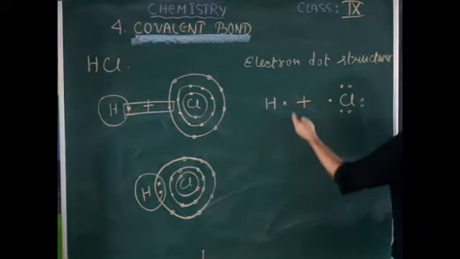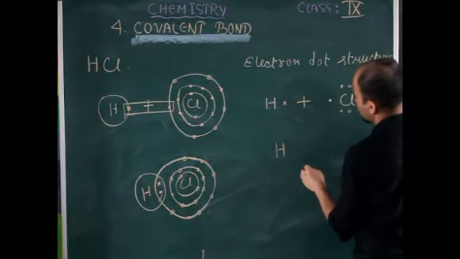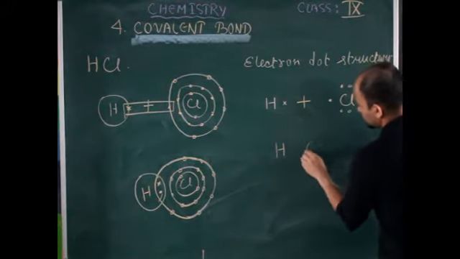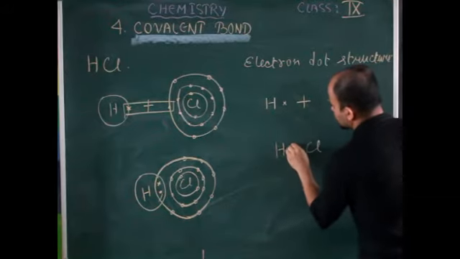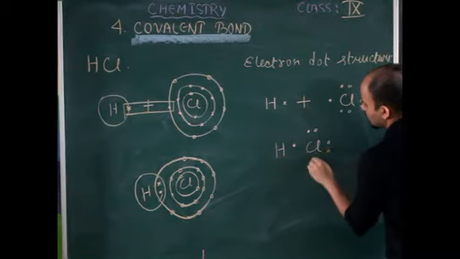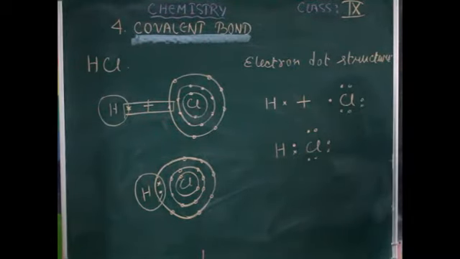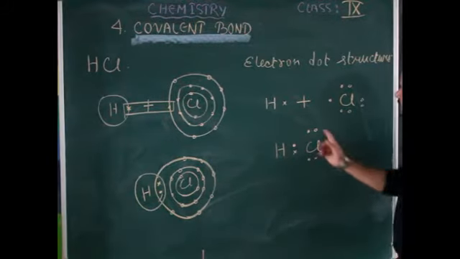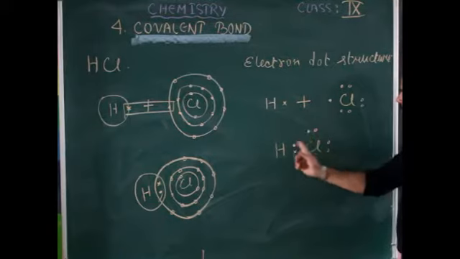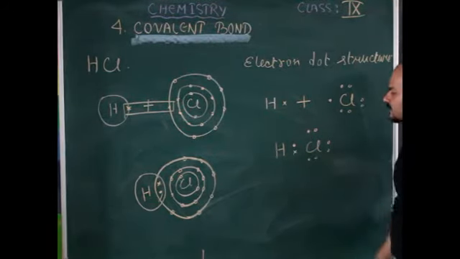Now they undergo sharing of electrons. Once they share the electron, we can represent it like this. These are the 7 electrons of chlorine and this electron of hydrogen is shared with this chlorine. As a result, the octet of chlorine is complete and the duplet of hydrogen is complete.